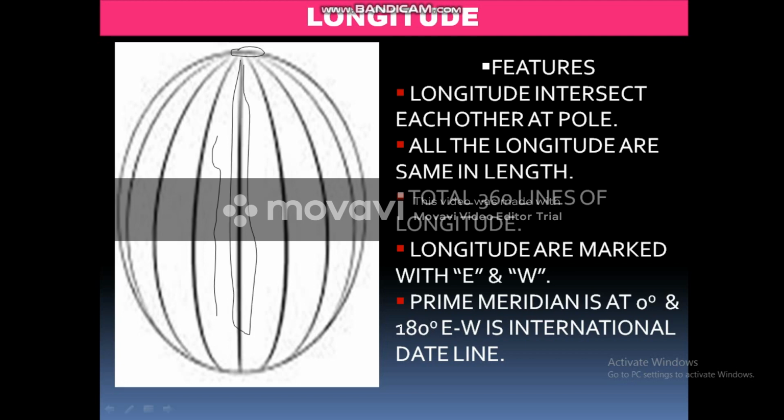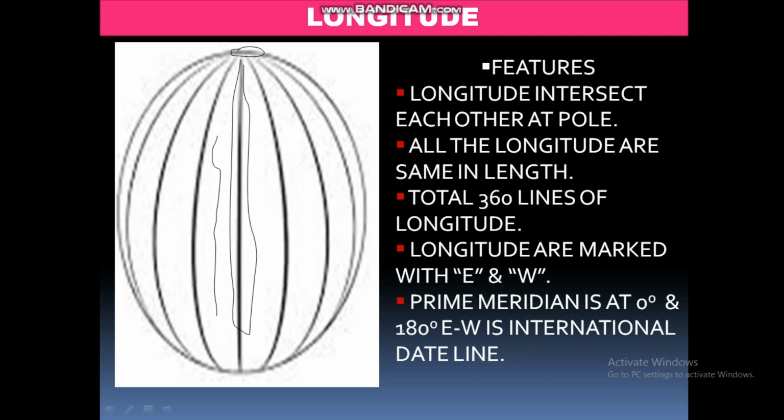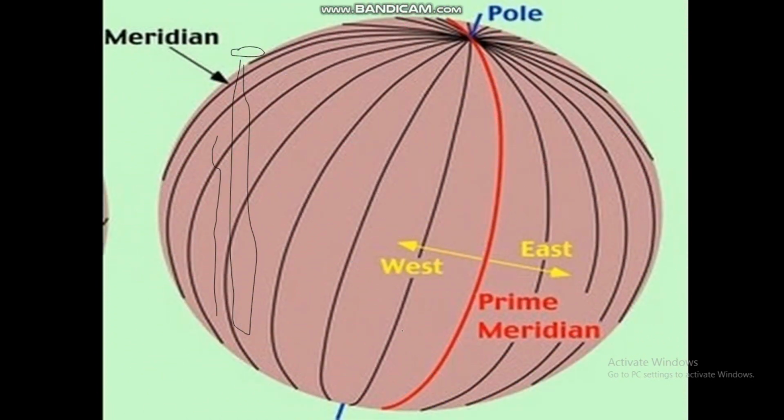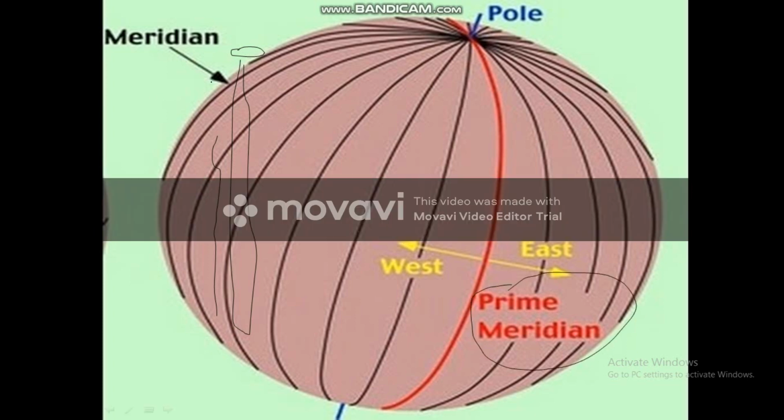Exactly the line behind the prime meridian is called the international date line, that is the 180-degree longitude line. So important lines here are the prime meridian, and another important line is the 180 degree, which is just behind the prime meridian.